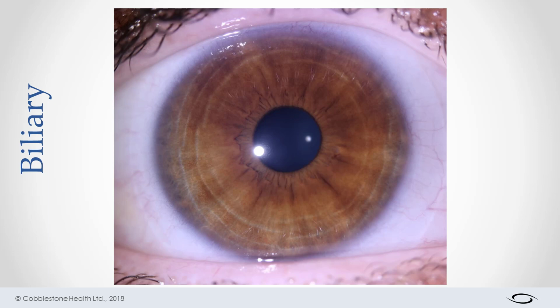So where the lymphatic eye was blue, there had to be some blue and visible fibers. Where the hematogenic was no blue and no visible fibers. The biliary is no blue and yes, visible fibers, right? And when you've got the no blue and the yes to the visible fibers, you know you're working with a biliary eye. Now, what does biliary make you think of?